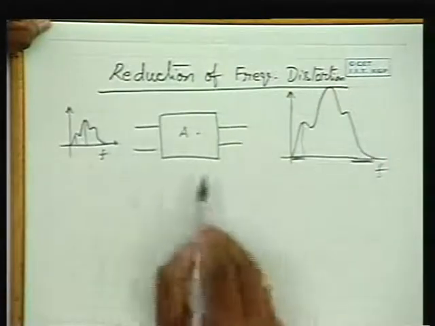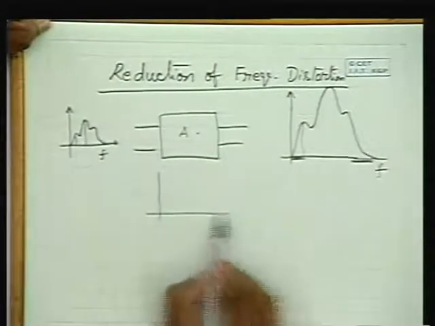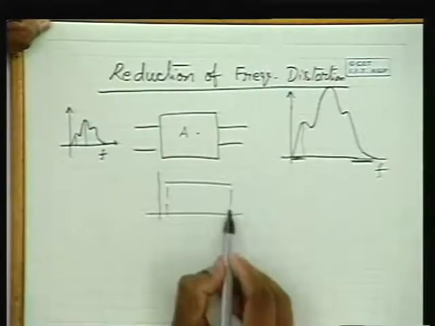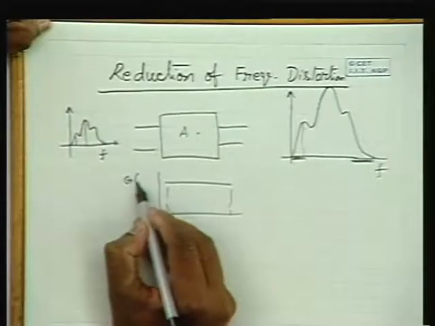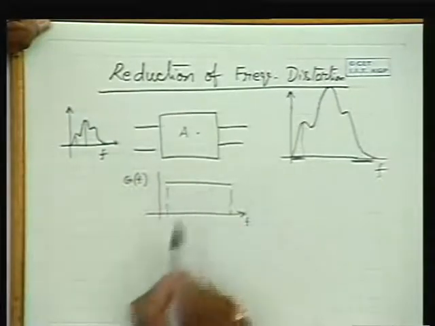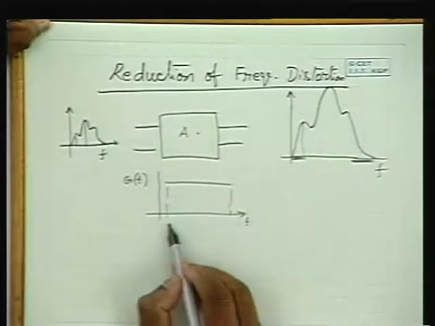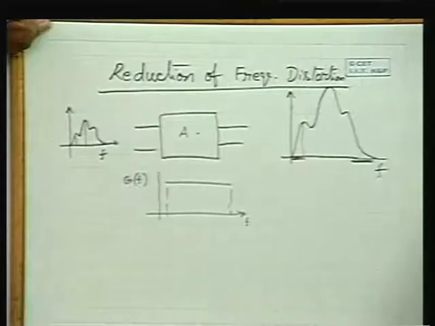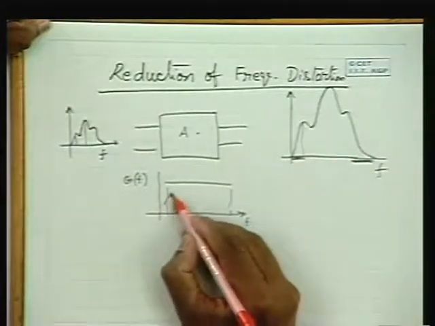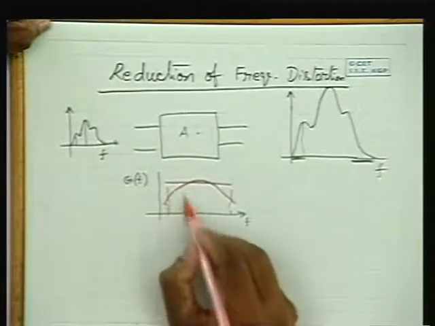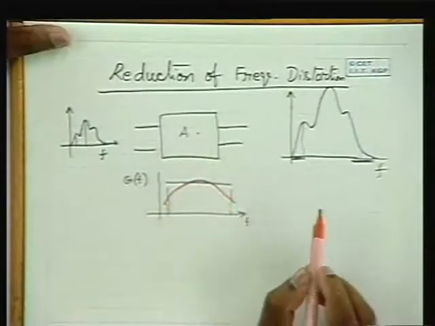And therefore, what we want is the amplifier to have a uniform gain for all frequencies. If gain is given as a function of frequency, we want the gain to be uniform for all frequencies of interest. But unfortunately, some amplifiers act in different ways. Amplifiers do provide different gains for different frequencies.